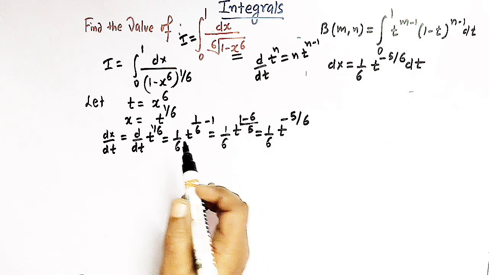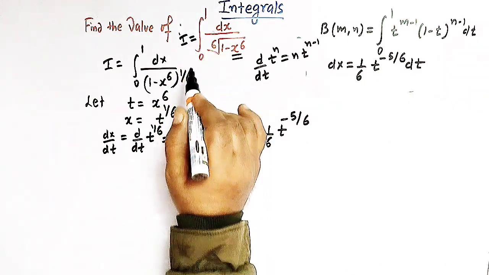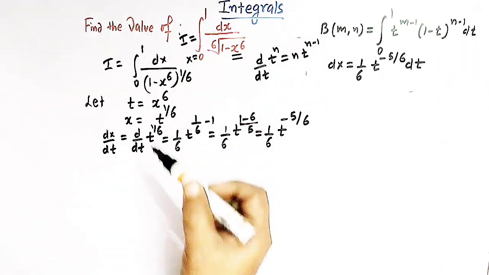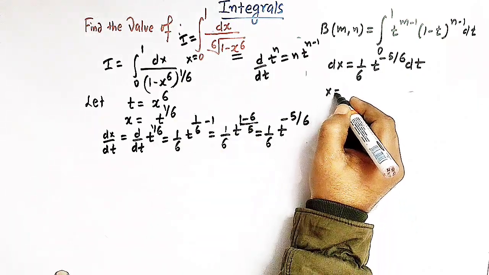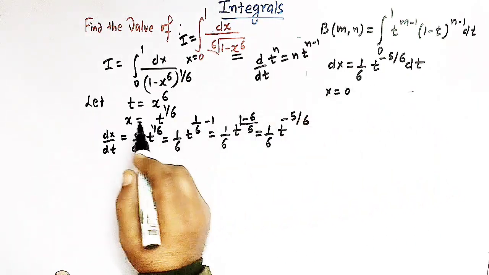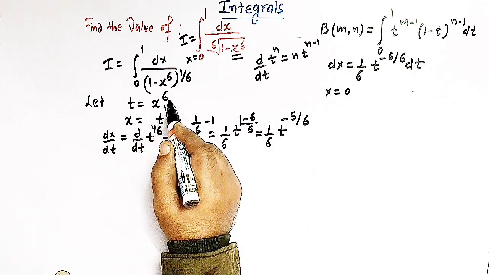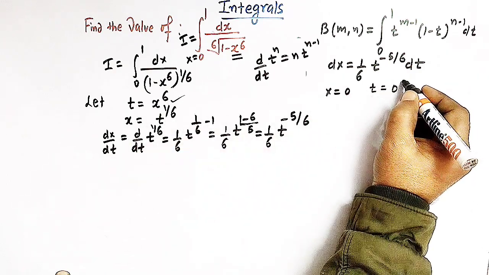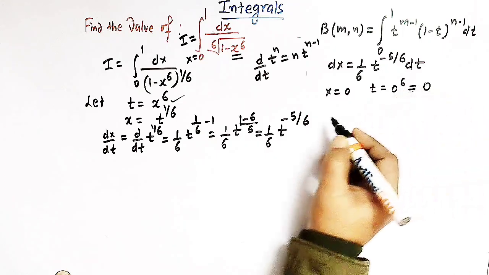Now let us change the limits accordingly. So here x varies from 0 to 1. So when x is equal to 0, the value of t can be obtained from this relation. So we have t is equal to 0 raised to 6, that is simply 0.